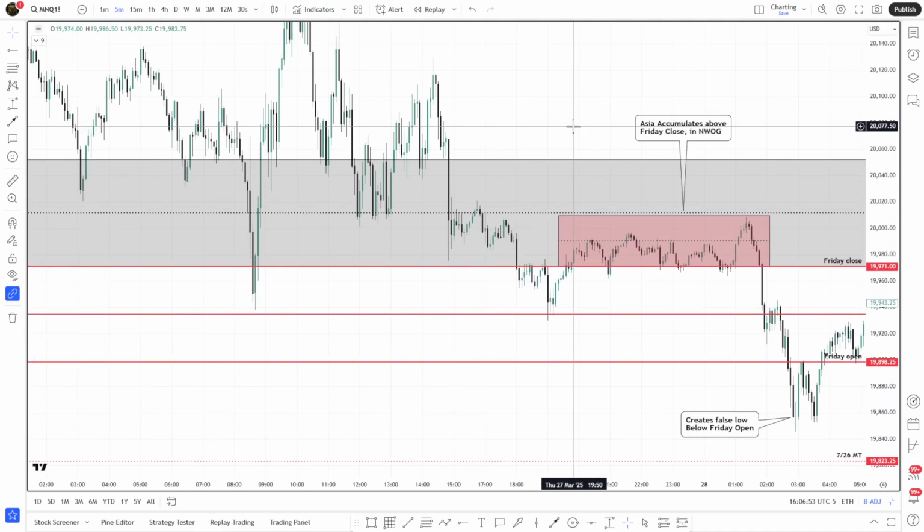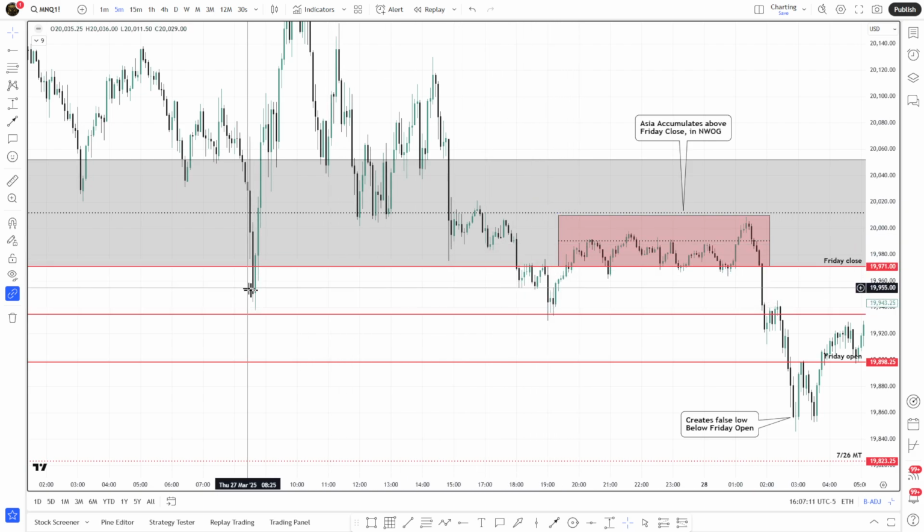As we're expecting lower pricing, market opens, taps the CE of the new week opening gap, drives lower, starts putting in false lows, takes out a previous low, and then here we go. We'll talk about this again.